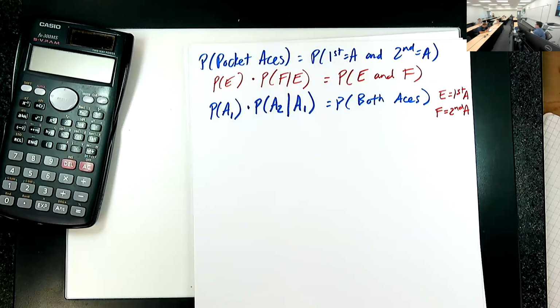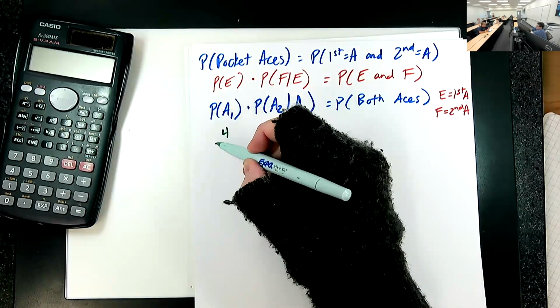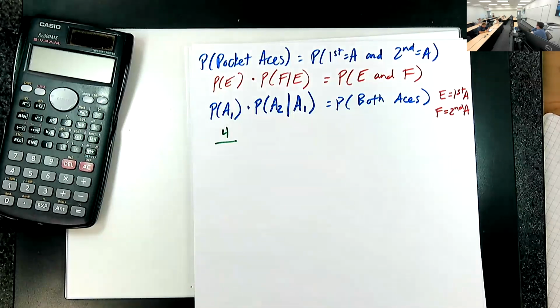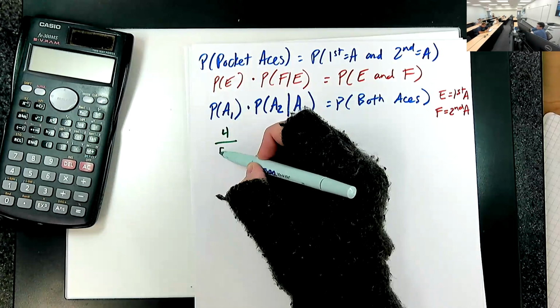Now we just got to do some thinking. What is the probability that the first card is an ace? How many aces do we have in the deck? 4. We've got 4 aces in the deck, right? How many cards are in the deck? 52.